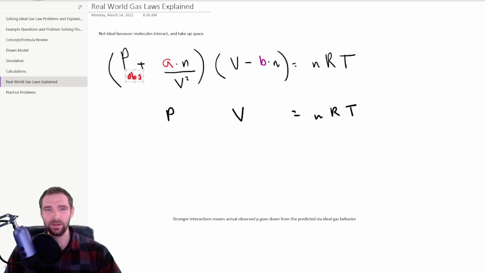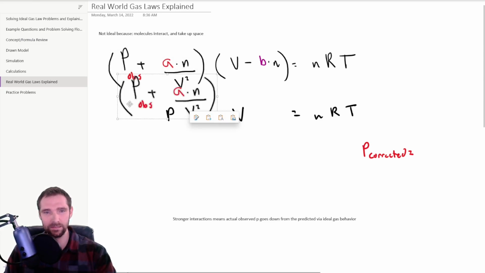As molecules interact, the pressure that you observe is smaller than the pressure you would calculate for that number of moles. So this whole thing, you can imagine being equal to what we would call the P corrected. So the P corrected is equal to this whole first piece right there.